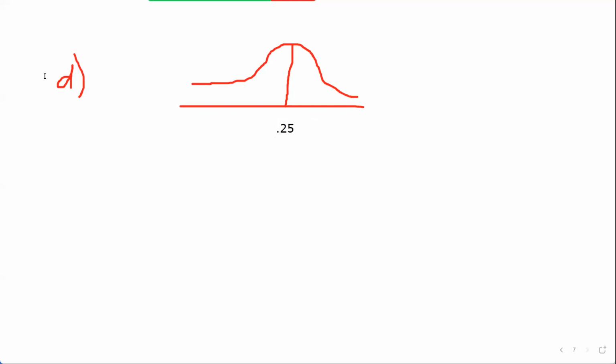In this case, X is equal to 190, and N is still 1,000.